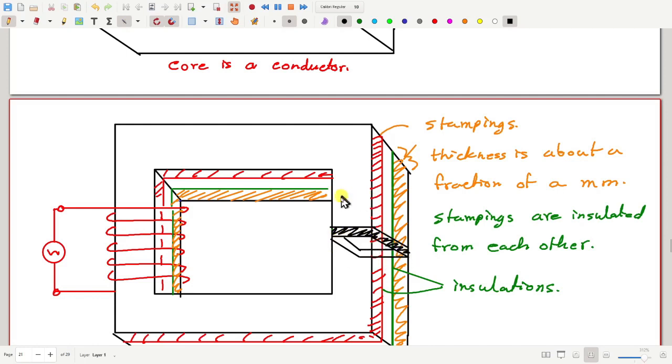If it at all has to flow, it has to flow only within one slice. It cannot go from one slice to another. So this way the eddy current is reduced, correspondingly heating is reduced, and energy loss is also reduced.